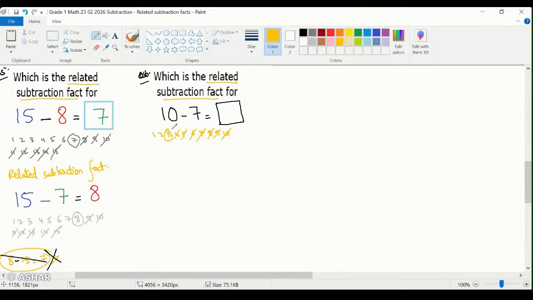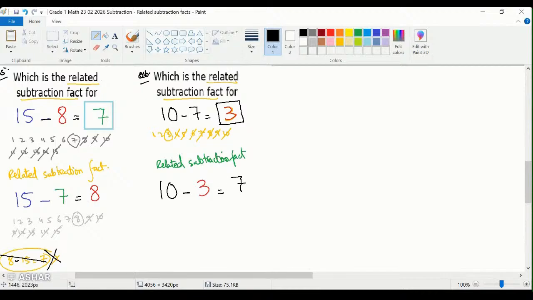So we would be left with a 3. So the related subtraction fact for this question should be, what we were doing was, 10 minus the number 7 was 3, then 10 minus 3 would be equal to 7.